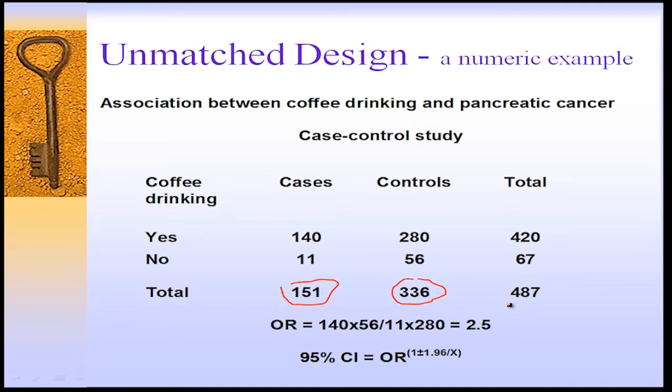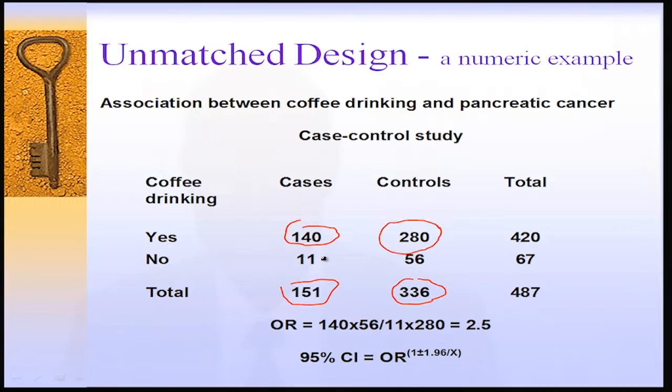Among these, we have 140 cases which are exposed to coffee drinking and 280 controls that are exposed to coffee drinking. We also have 11 cases not exposed to coffee drinking and 56 controls not exposed to coffee drinking.